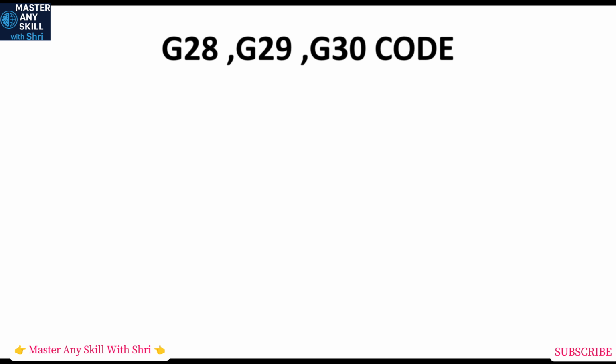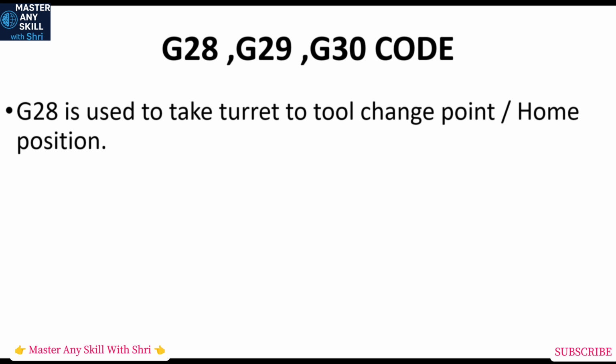Our next codes are G28, G29 and G30. As you know, the G28 code is used for tool reference, that is for homing. But sometimes we have a job with a small operation like only chamfer or radius. At that time, taking the tool to its home position and again calling it to perform only that small chamfer or radius will take much time.